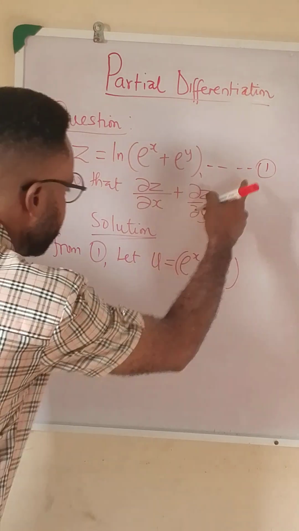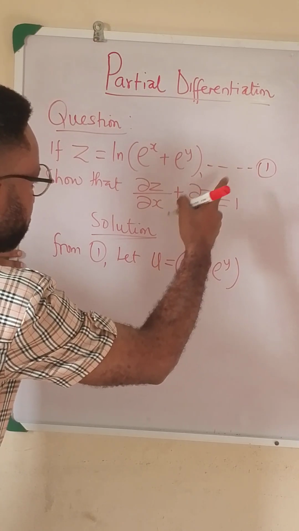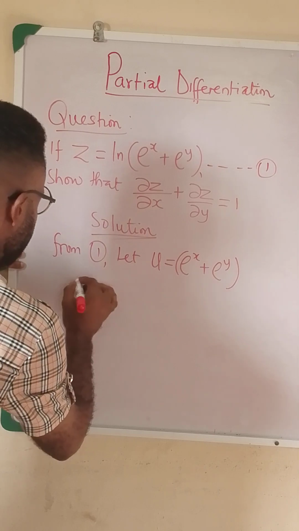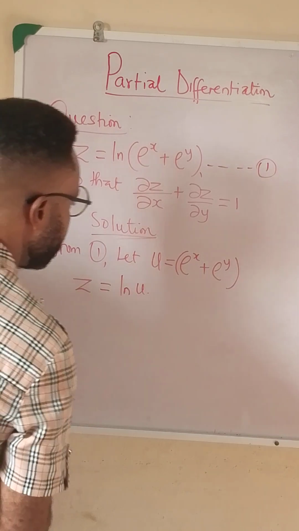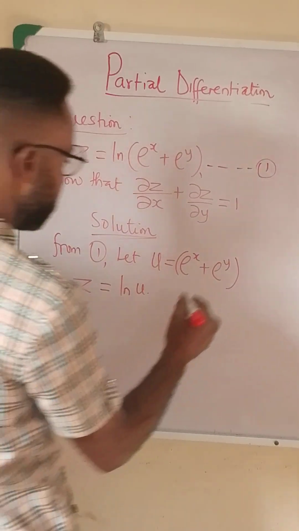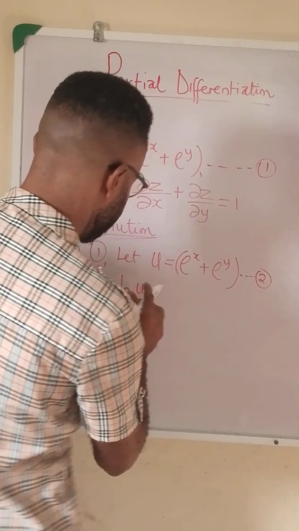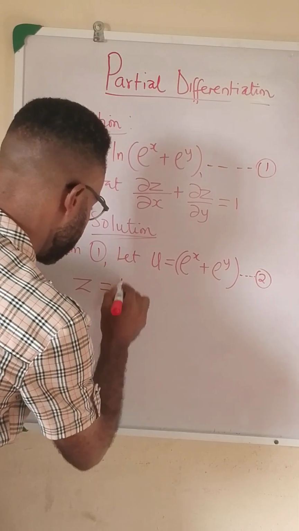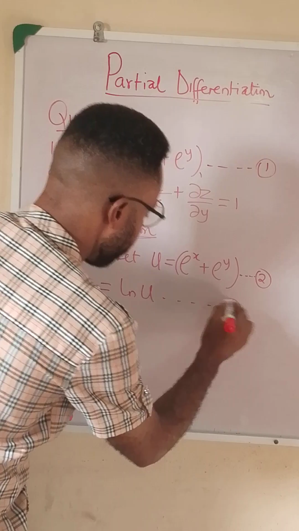If u is equal to e^x + e^y, it means that our z from equation 1 will now be ln u. We can call this equation 2, and this, ln u, we can call equation 3.